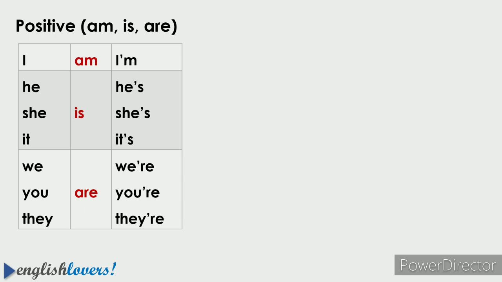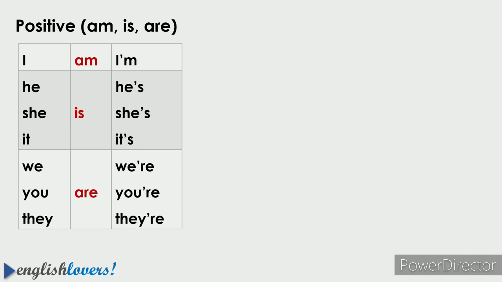Then are is used for we, meaning myself and somebody else, more than one. You refers to the listener, in this case you, the listeners, and they again refers to the third person plural pronoun. So are is used with we, you and they.